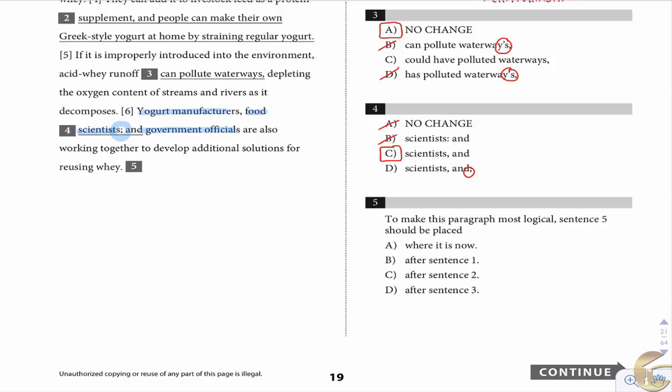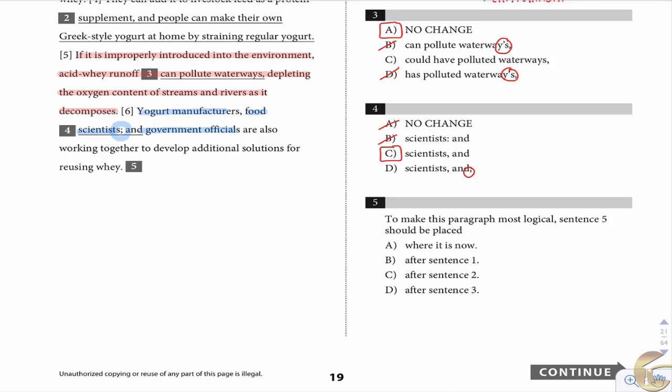Number 5 says, to make this paragraph most logical, sentence 5 should be placed. So what we want to do is obviously look at sentence 5, and so I don't get my highlighting too messed up here, I'm going to change the color. But here's sentence 5, and what we want to do when we do these problems is first read sentence 5, understand what it says, and pay attention to any clues that would tell us what sentence should show up before it and what sentence should show up after it.